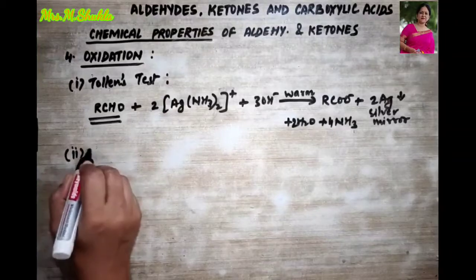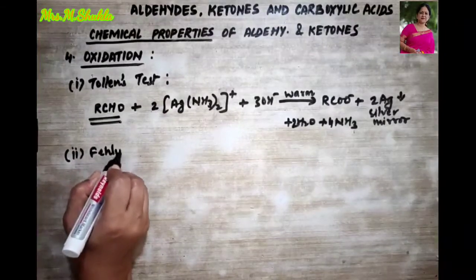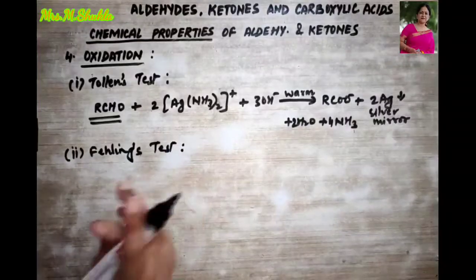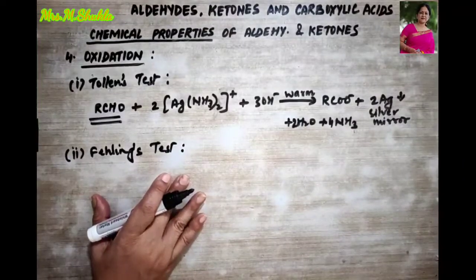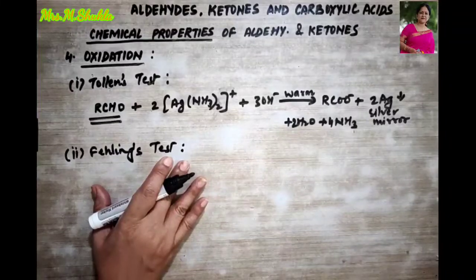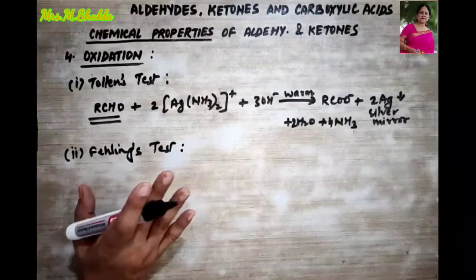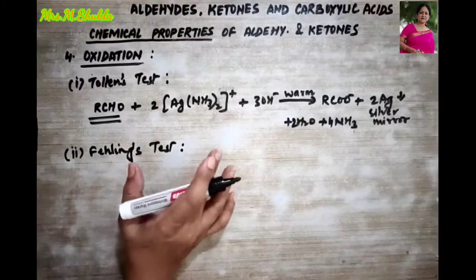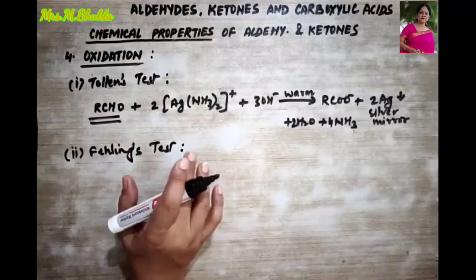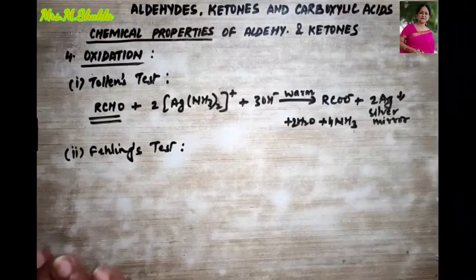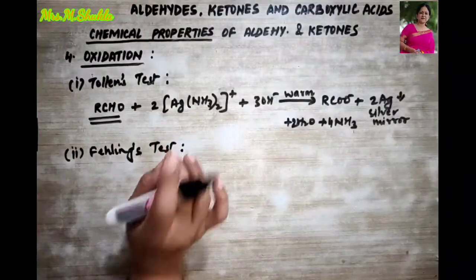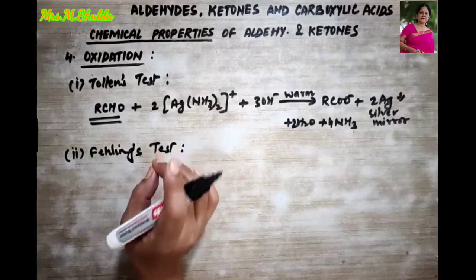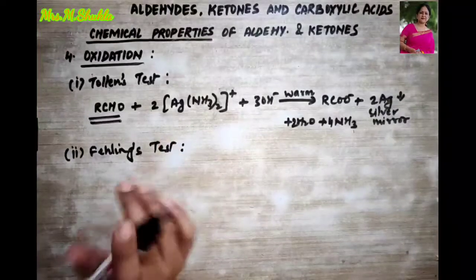Second test is your Fehling test. Over here aldehydes react with the Fehling solution, right? The aldehydes react with Fehling solution A, that is copper sulfate, and Fehling solution B, that is alkaline sodium potassium tartrate. They are mixed in equal amounts and form a reddish brown precipitate.